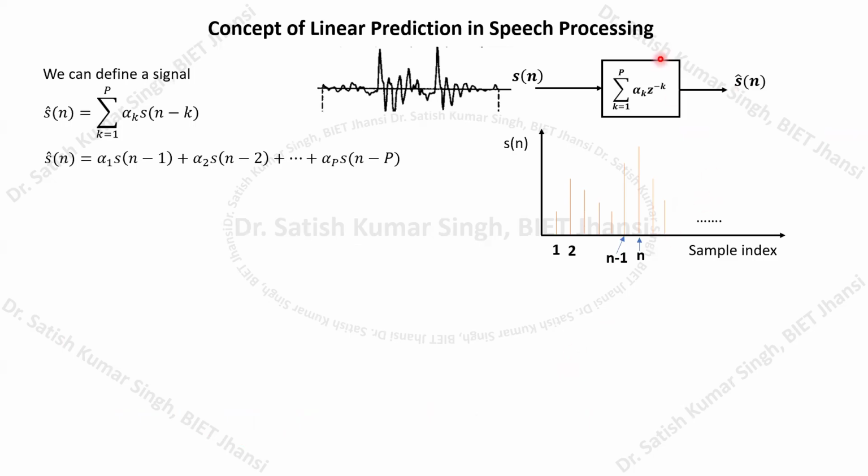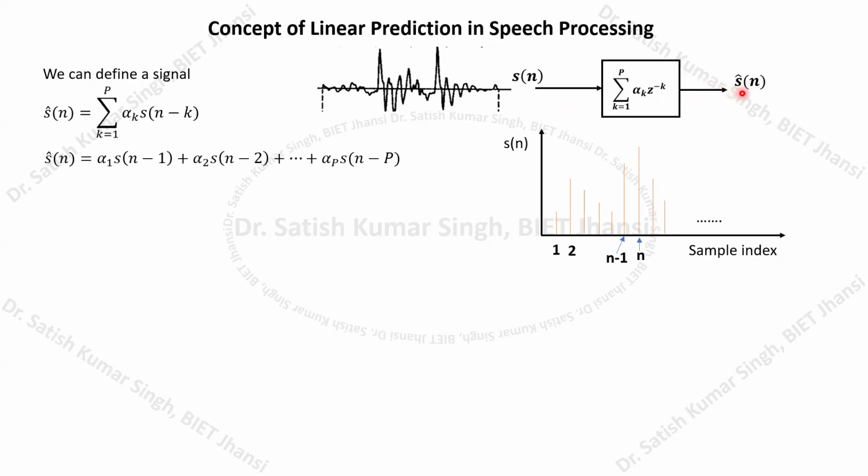Now try to see this particular system. Let us suppose we have a cascaded structure of delay elements. There are a total of P delay elements in sequence, in cascade. If we pass this speech sequence Sn through such a system, then the signal available at the output of the system, we call that sequence S cap n.